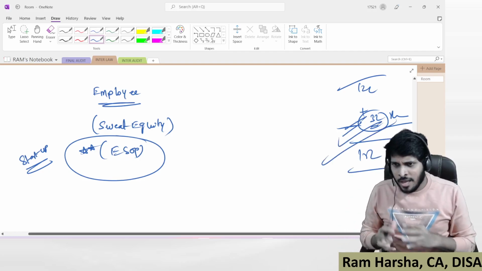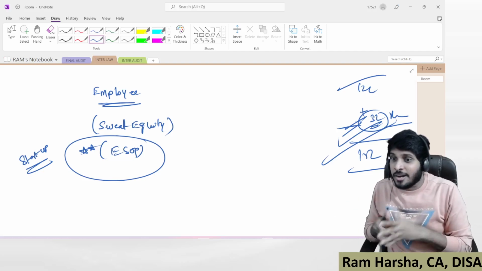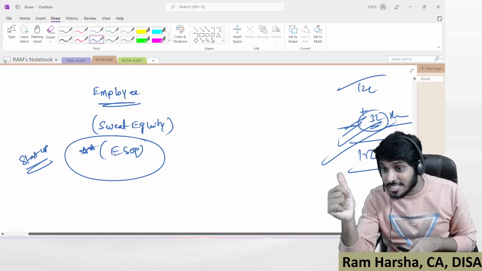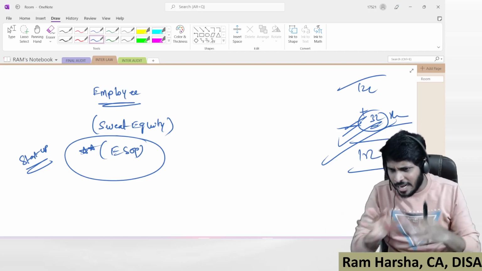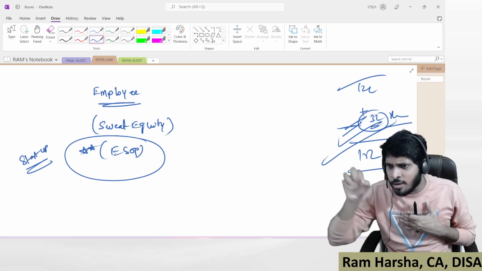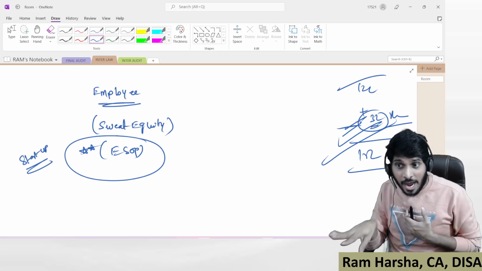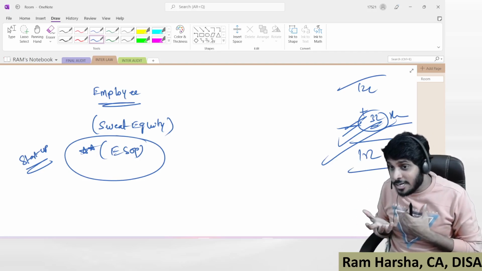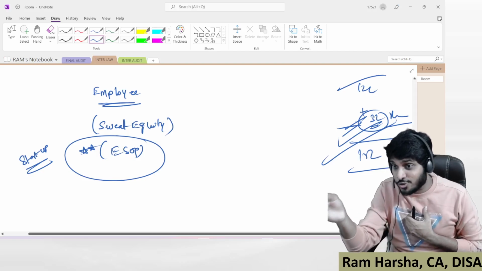Now tell me, primarily why was he recruited here? For employment. As a compensation for salary, we are giving shares. Tell me, logically speaking, do I have the intention of taking him into my ownership? I don't have the intention. But because I'm having tight money supply, instead of offering him salary money, I offered him shares.